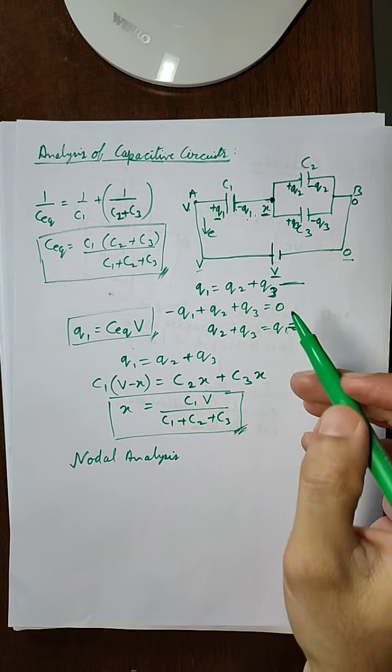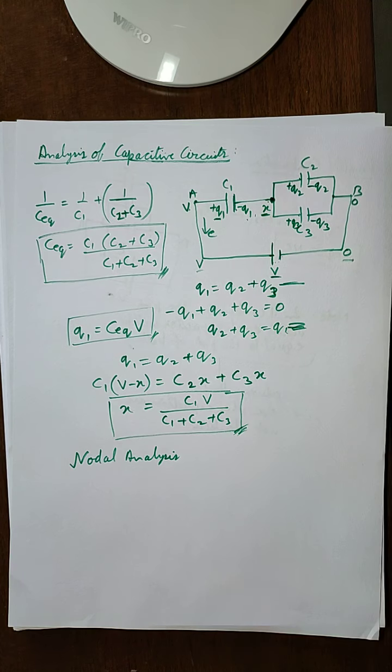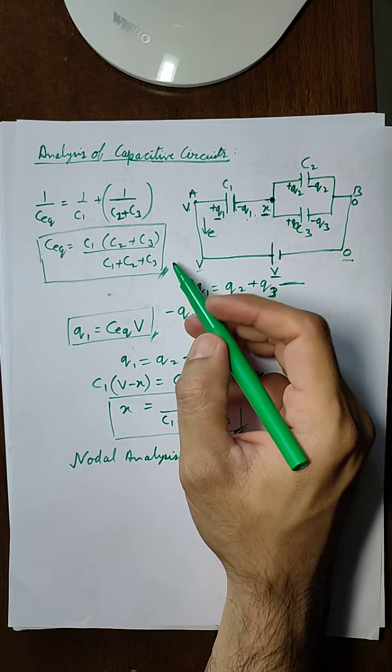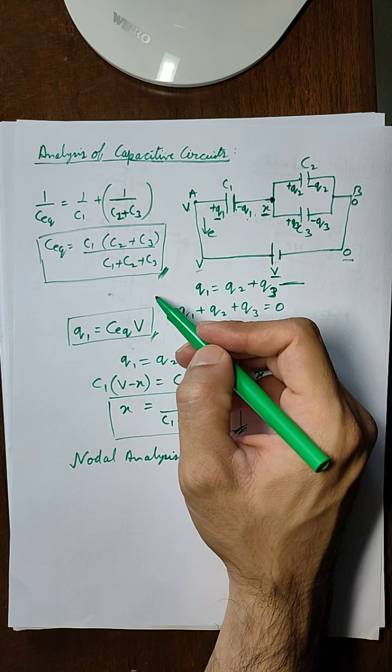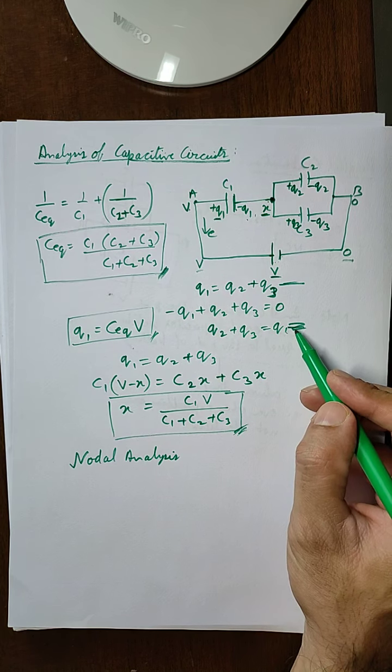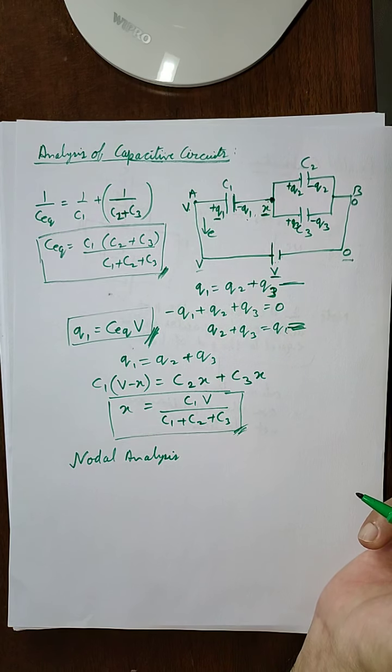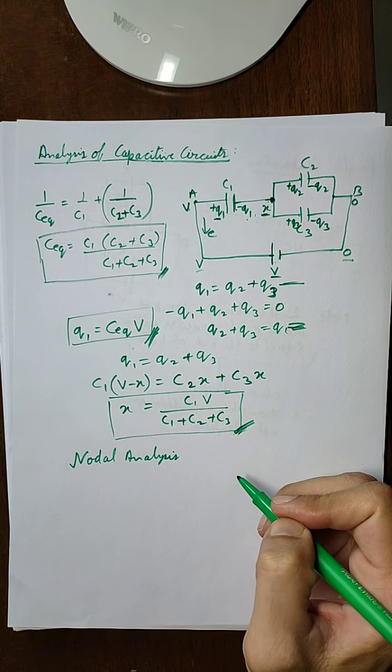Now these are very important parameters. Generally a capacitive circuit is defined by using these parameters. So we have the equivalent capacitance of the circuit, we have the total charge distribution, and we have the potential at the node.